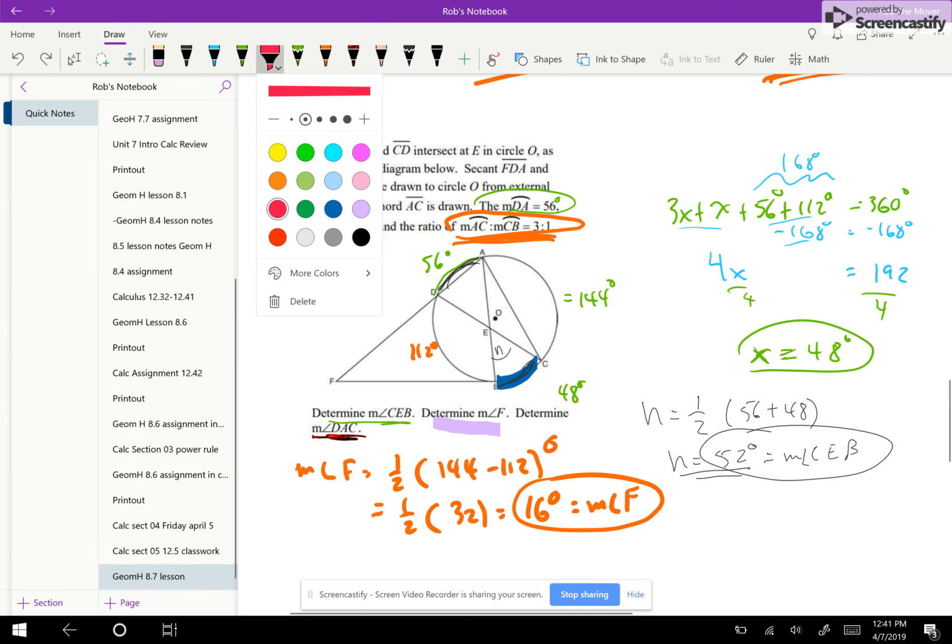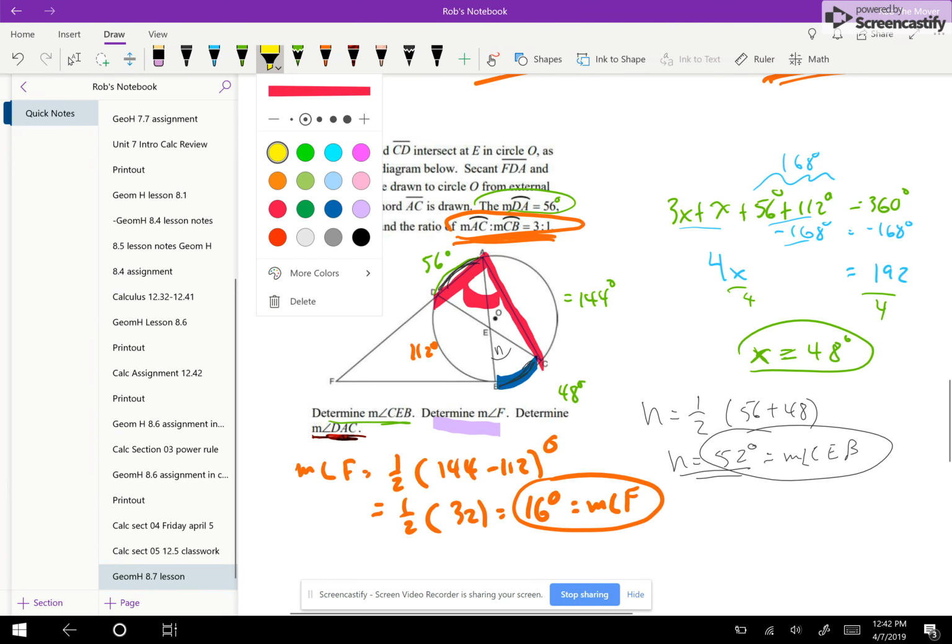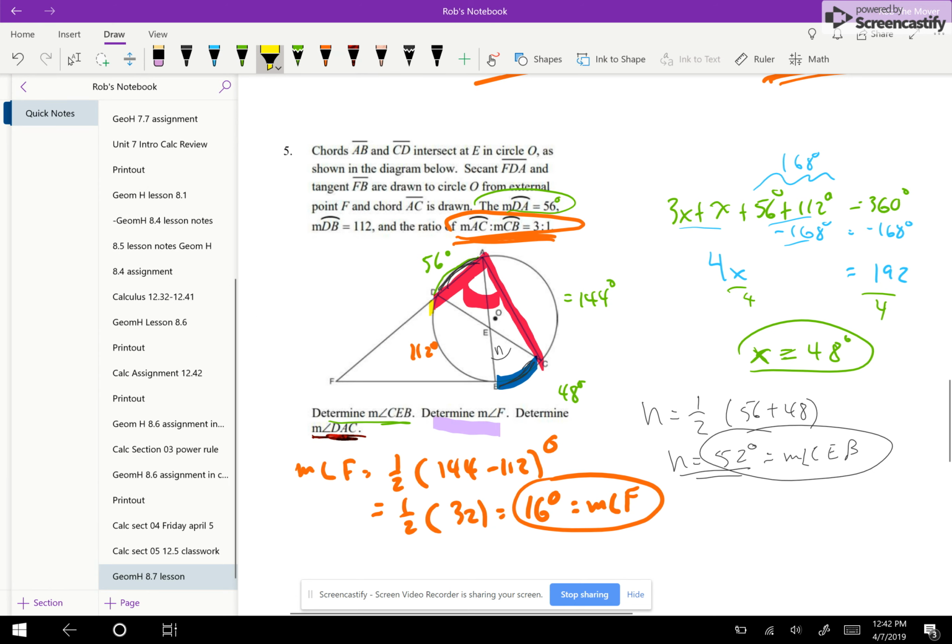Use this reddish color. Angle DAC. DAC is an inscribed angle. The measure of that inscribed angle is half of its intercepted arc. Be careful here. If you labeled everything well, we're looking at this arc here. This whole arc is going to be the sum of 112 and 48. Okay? So, measure that inscribed angle.